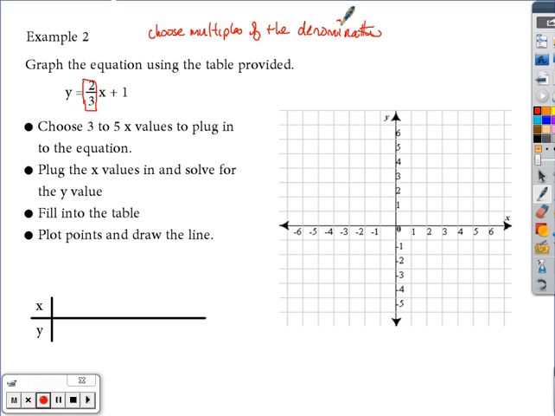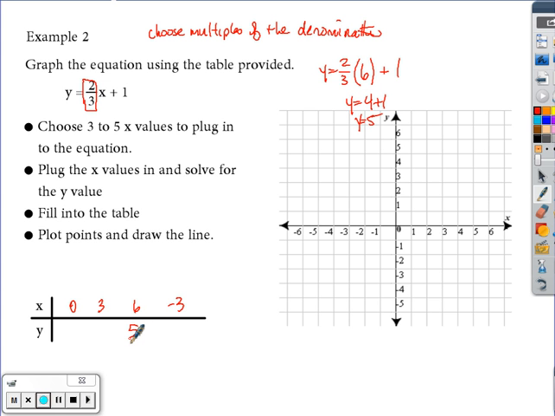So I'm going to choose 0 because that's the easy one, right? I'm going to choose 3. I'm going to choose 6. And I could maybe throw in there a negative 3. Same idea. I want to plug these in. So let's say y equals 2/3 times 6 plus 1. Now the advantage there would be that I know 6 times 2 is 12, divided by 3 is 4. So y equals 4 plus 1, so y equals 5. So I fill that into my table for the 6.